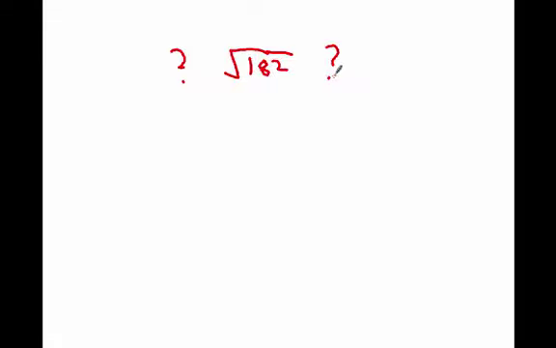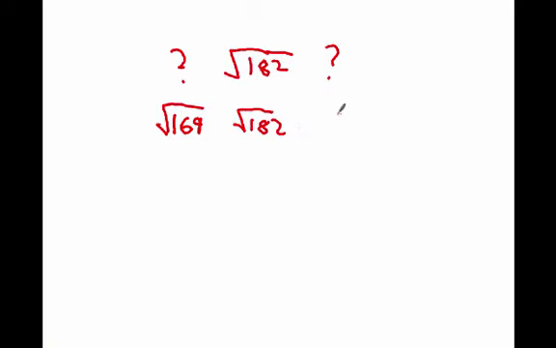All right, let's see what our answer is. If I try to find the perfect square that is closest to 182 but smaller than it, I get 169. I know that's going to be the perfect square that is smaller than 182.